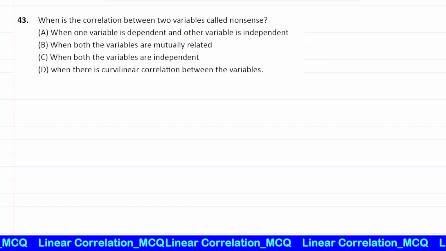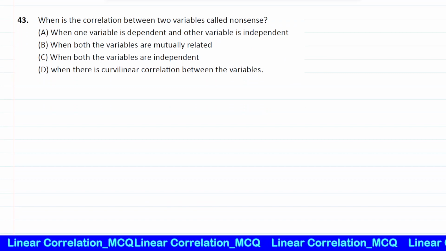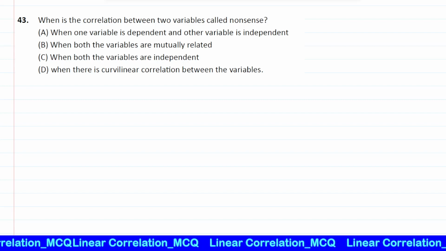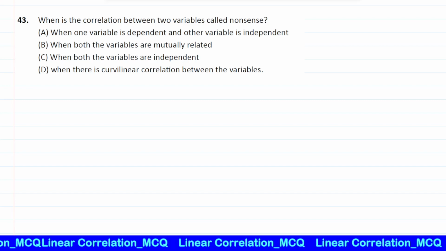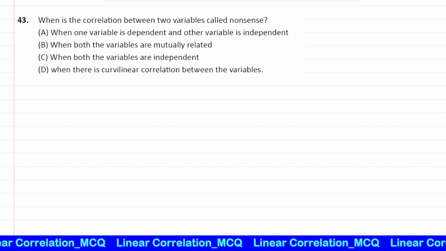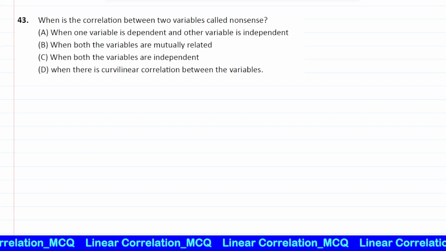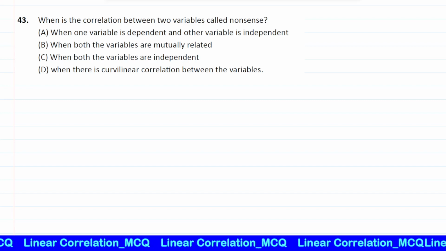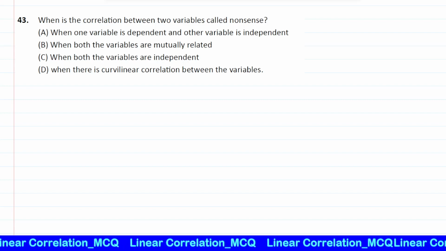Question number 43. What is the correlation between two variables called nonsense correlation? Okay. When values of both the variables simultaneously increase or decrease, but there is no cause and effect relation between the two variables, then the two variables are said to have nonsense correlation. Okay, let me see the options.